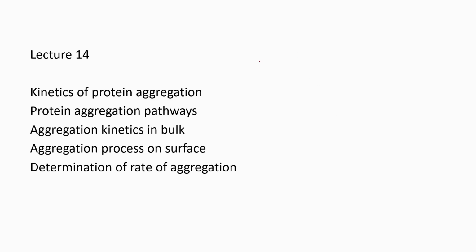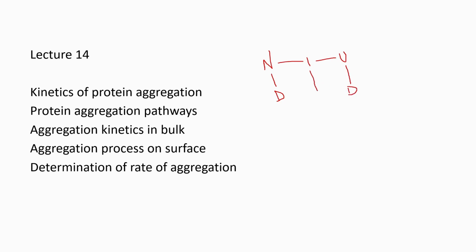and if this is the native state, it will first undergo an intermediate, then unfolding, or from the native state it can also go to a chemically degraded form, or from the unfolded state as well it can go to a chemically degraded form.